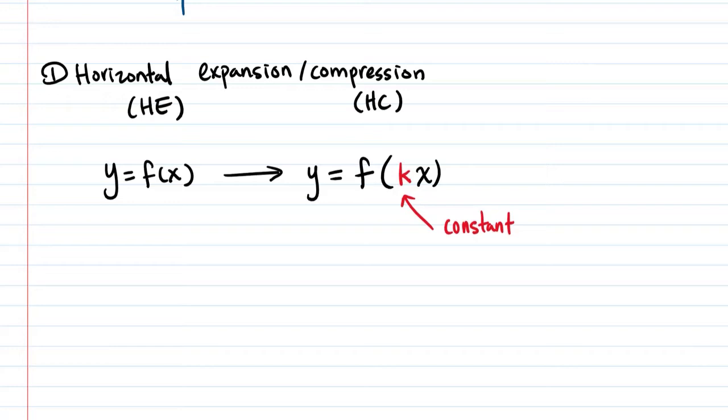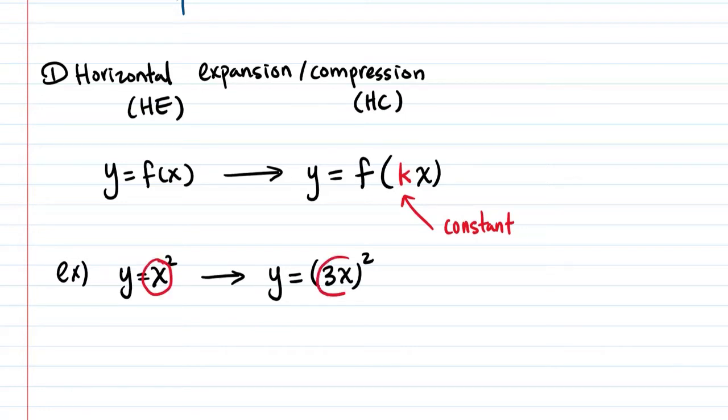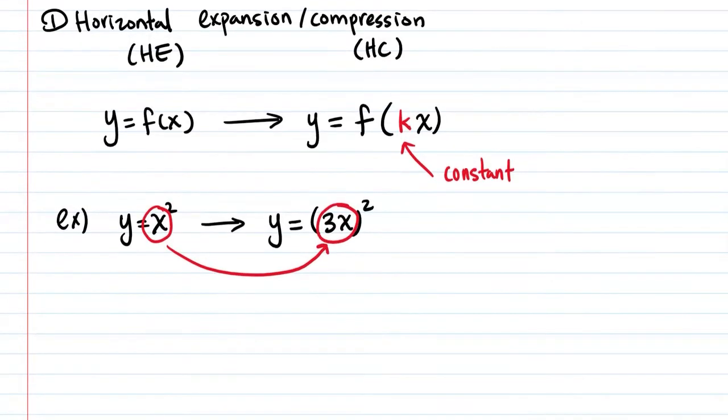So let's take a look at some examples. y is equal to x squared transformed to y is equal to (3x) squared. As you can see, the variable x is multiplied by 3. x becomes 3x. So that means it is horizontal expansion or compression because the 3 is multiplied to the x. On the other hand, when y is equal to x squared becomes y is 3x squared, the 3 is not multiplied to the x.